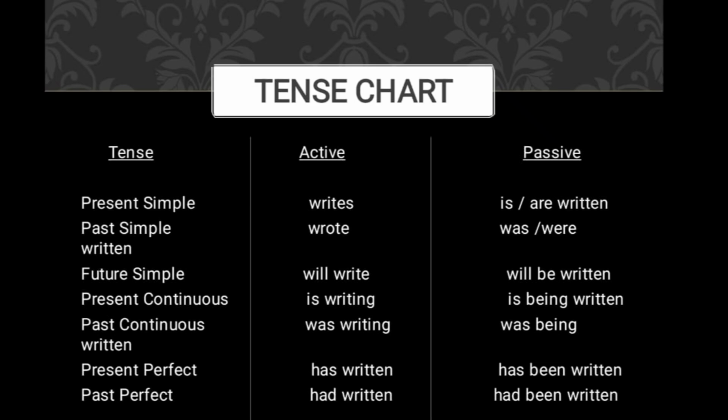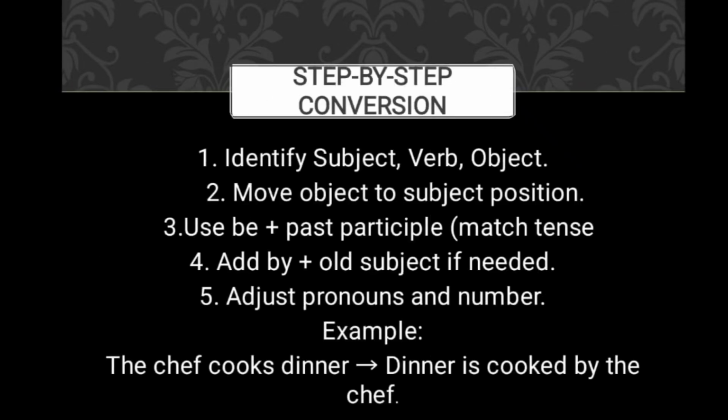Steps to convert active to passive. Let's understand the steps to change a sentence from active to passive. Step 1. Identify the subject, verb and object. Step 2. Move the object to the subject position.